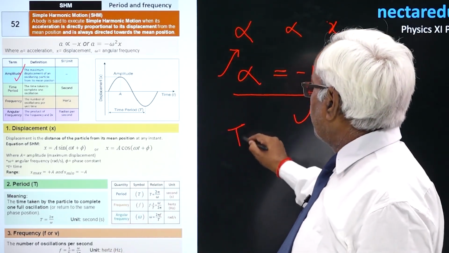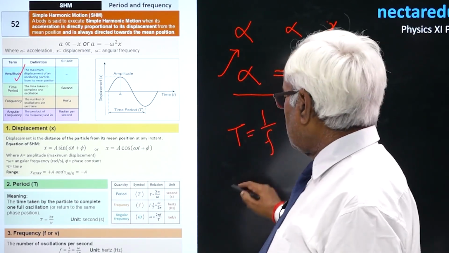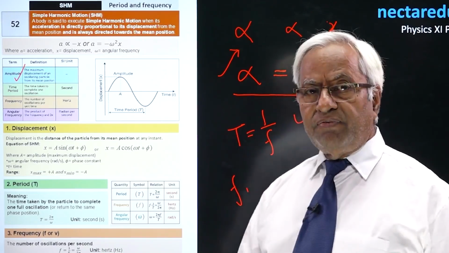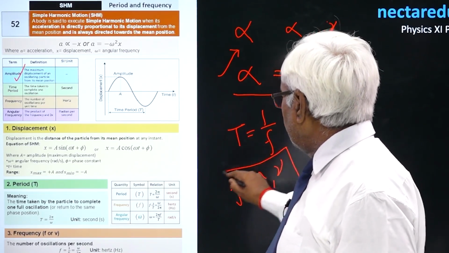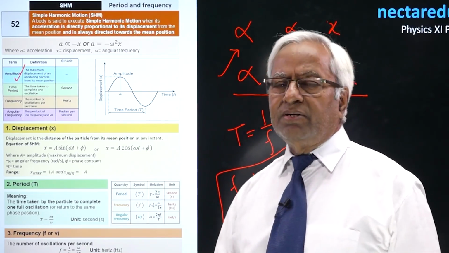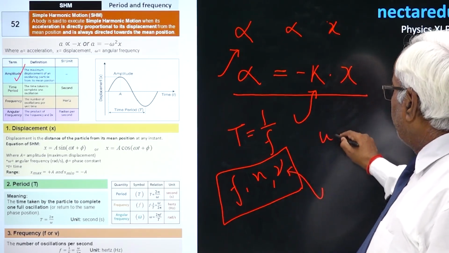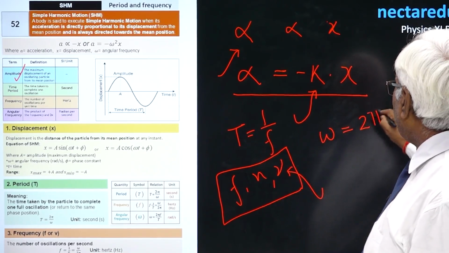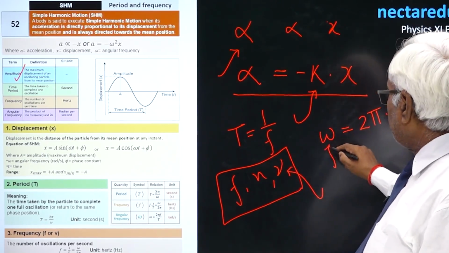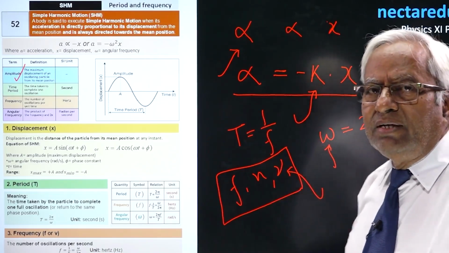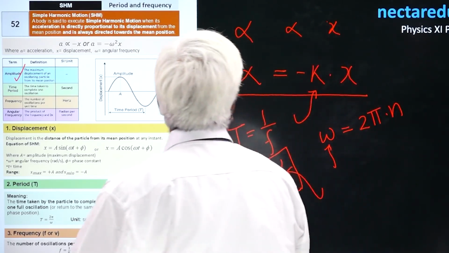Time period and frequency are related this way. For frequency, the notation used is sometimes f and sometimes n, sometimes even nu, the Greek letter, which is used mostly in mechanics. Angular velocity is 2 pi into n, that is frequency. Omega is angular velocity, or you might say angular frequency. These are the definitions we'll come across.